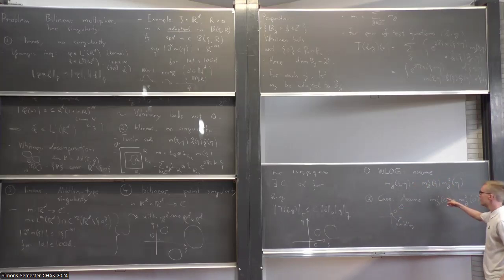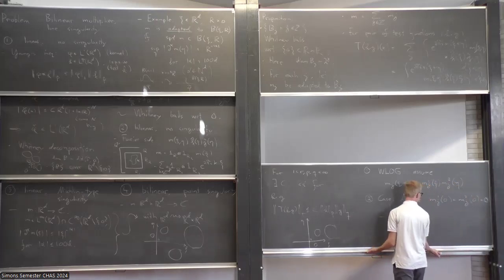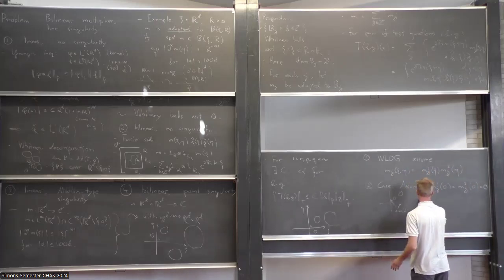And now, if this were the case, then our theorem is simple because we can just do Hölder's inequality first in the sum, then in the integral. Maybe I can even write it here.